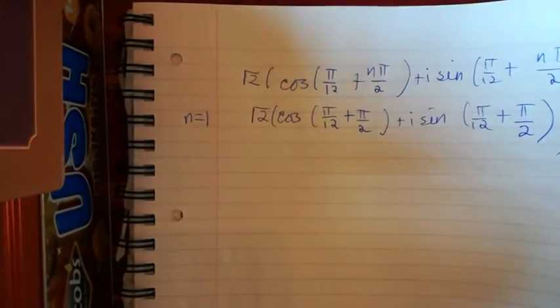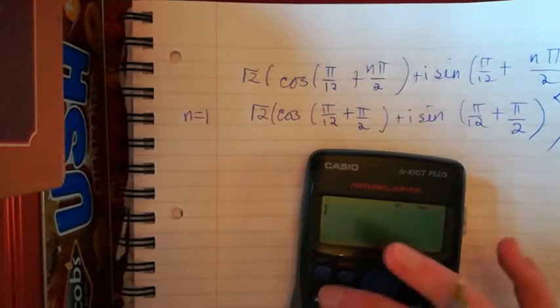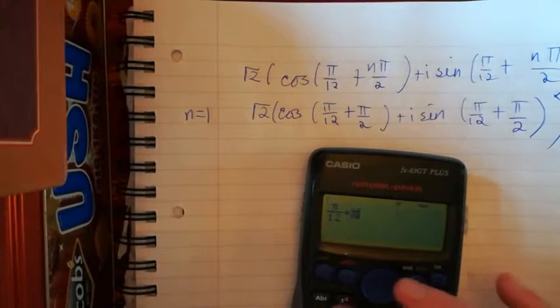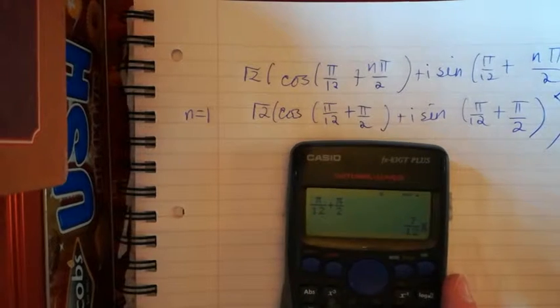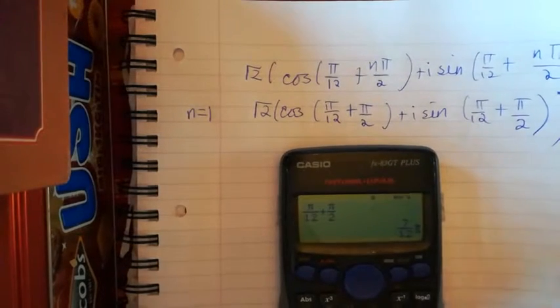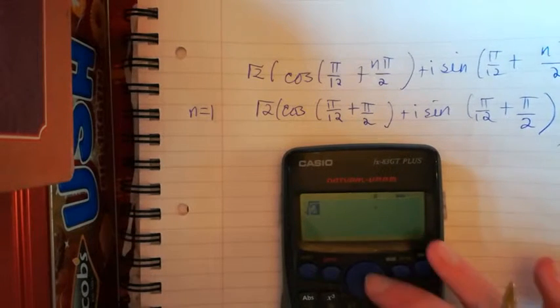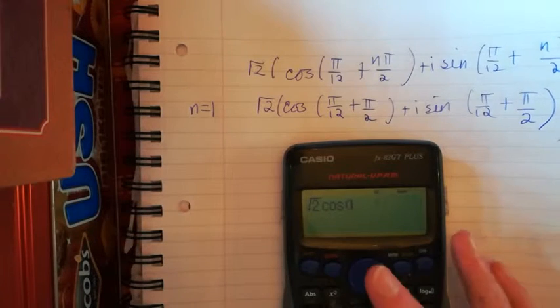So now I'm going to work out an answer for this. So pi over 12 plus pi over 2 is going to give me an answer of 7 pi over 12. So root 2 cos 7 pi over 12.